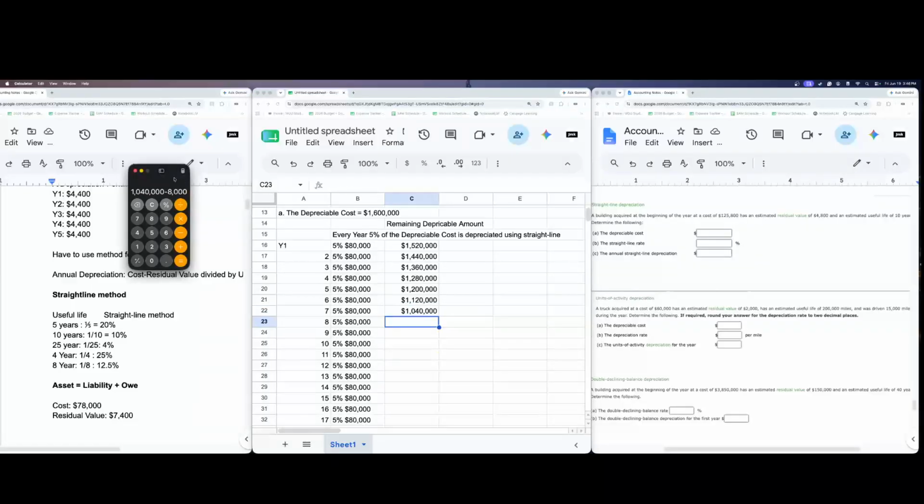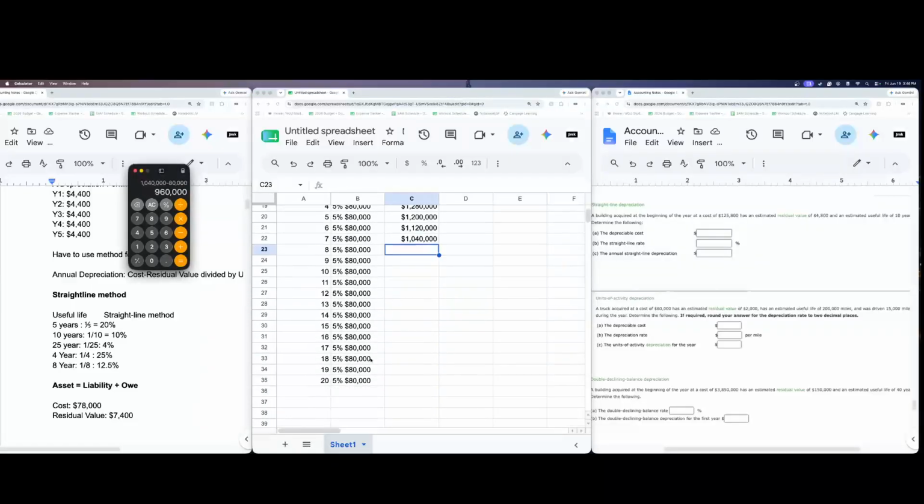Minus 80,000, 960,000. Minus 80,000, 880,000. Okay. Minus 80,000.